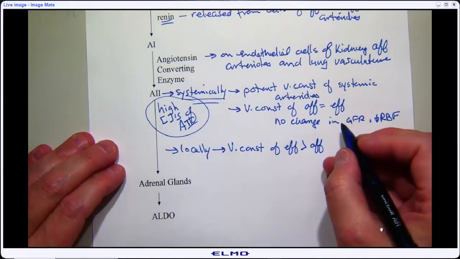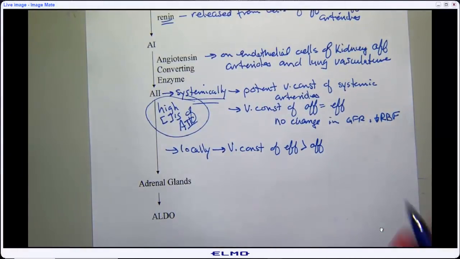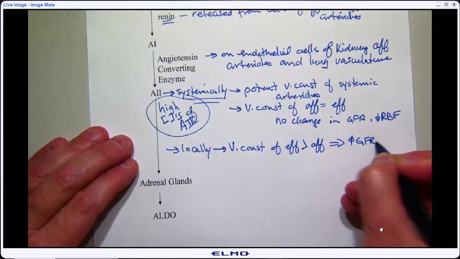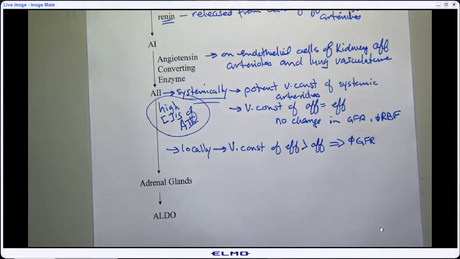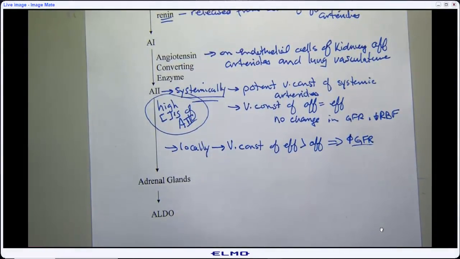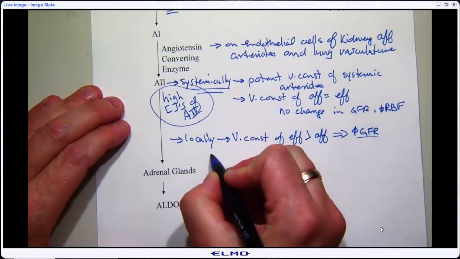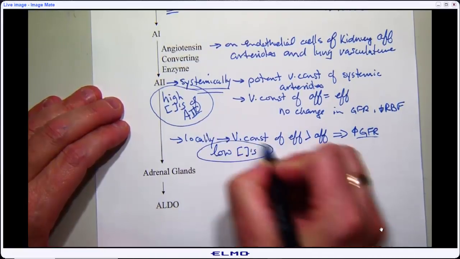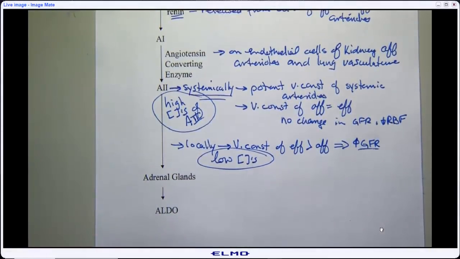That's going to result in an increase in GFR. So this local effect, this weird little local effect, will actually cause an increase in GFR. And we'll look at how we might get that, because I think it might be an anatomical issue. So this is what's going to happen at low concentrations. Okay? And we will go over the two scenarios where we might have one versus the other.